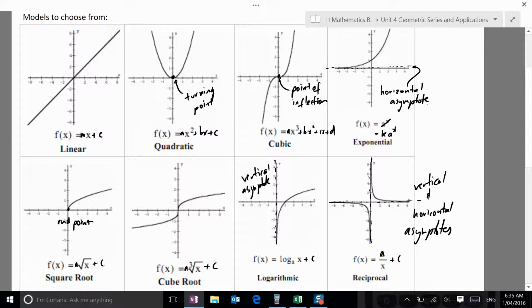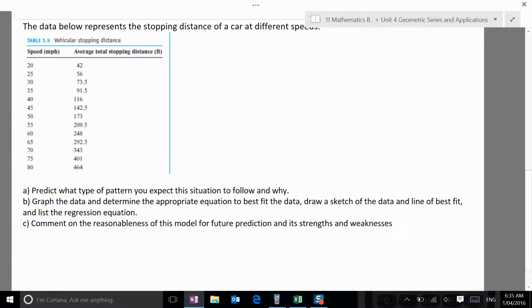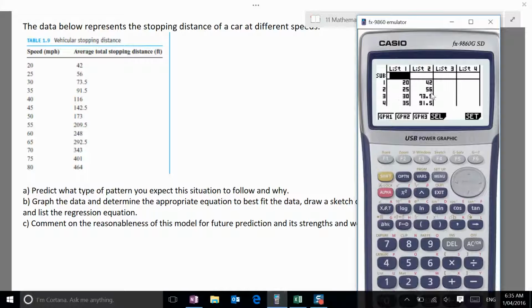So I think the easiest way is to look at some data. We've got some data about vehicular stopping distances, so how fast you go in miles per hour versus stopping distance in feet. And we want to analyze this data. So the first thing I'll do is put it into my calculator. I've already done that.